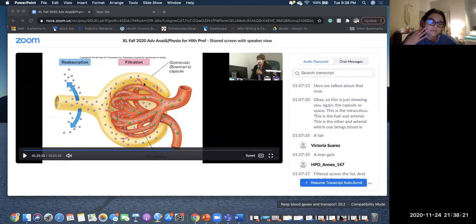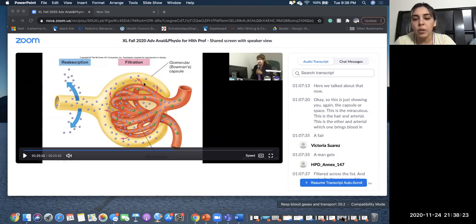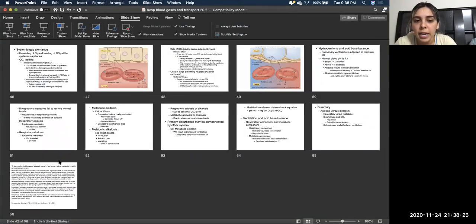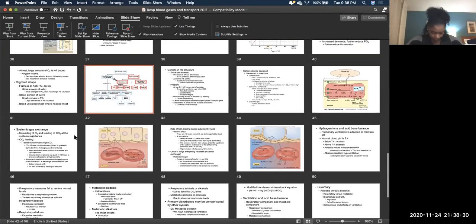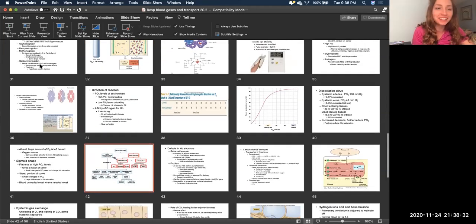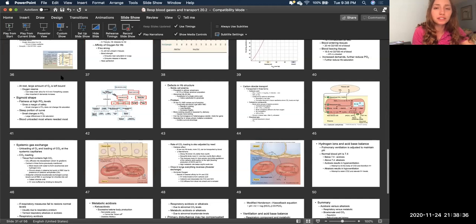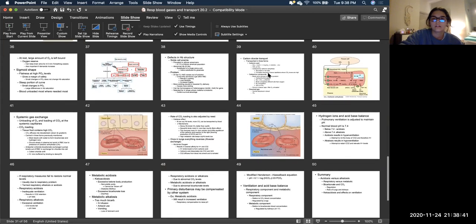Remember hydrogen ion? Look, bad question. I don't like that. Okay, I'm going to look for it right now. Slide 31. Oh gosh, we're on gas exchange. Is that the wrong one? Yeah, with this, carbon dioxide transport, right there.